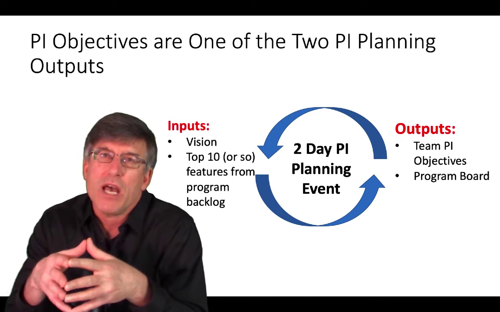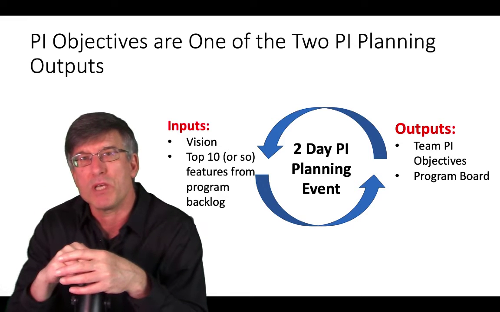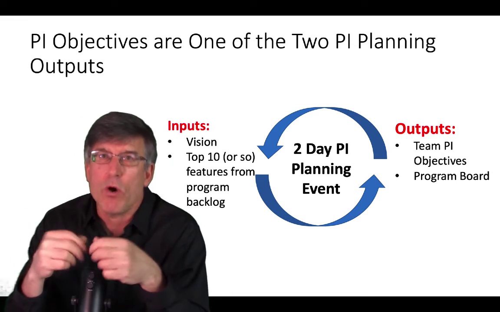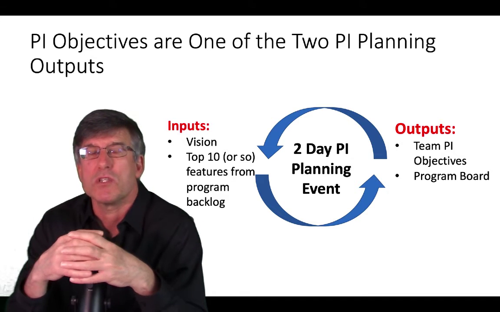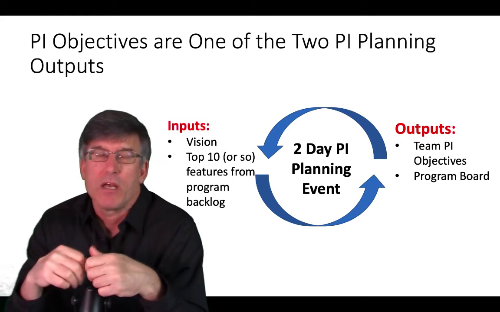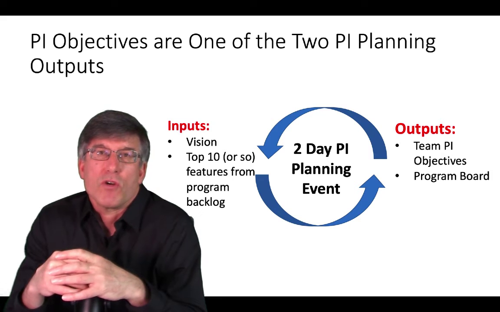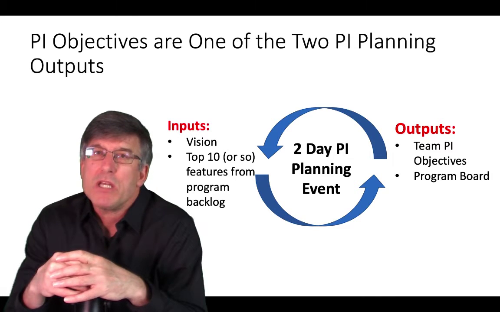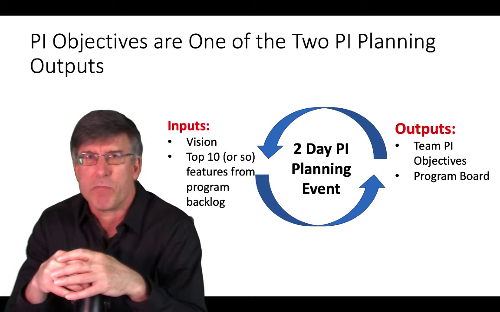So PI objectives are one of the 2 outputs that come out of PI planning. Typically, we go into PI planning with a vision and some features. The guideline from Scaled Agile is about 10. I've seen organizations do 15. I've seen others do about 3 or 4. Coming into PI planning with about 150 features definitely is a bad smell.